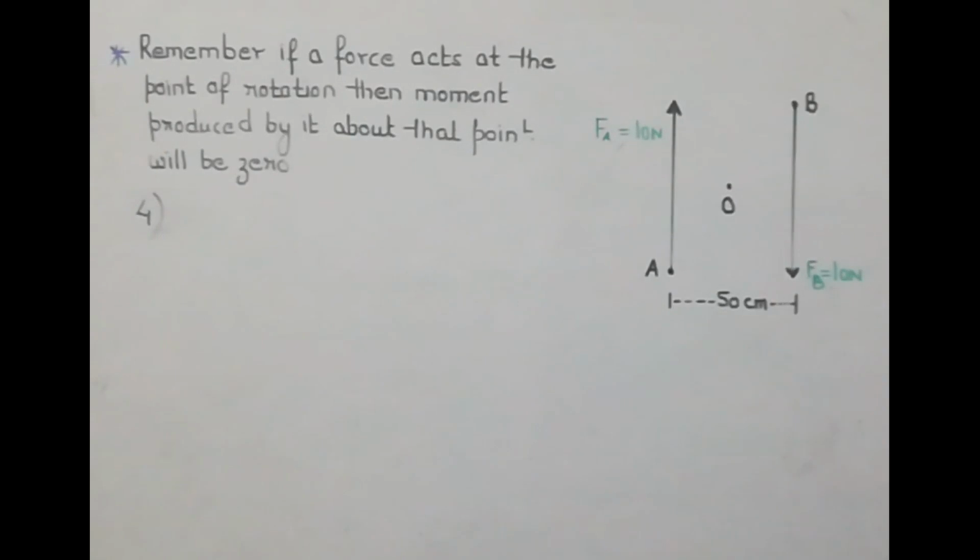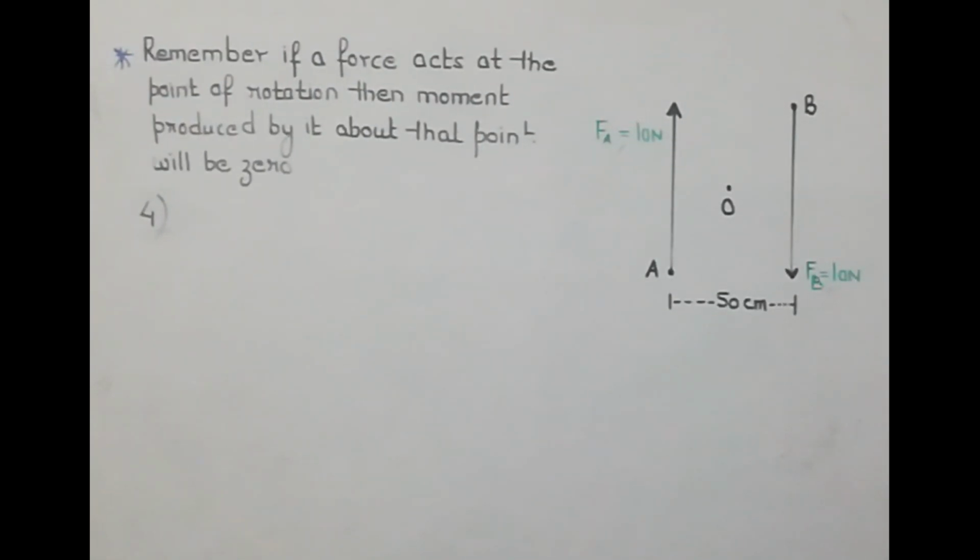Is this clear? Because Fa is acting at A, the moment produced by Fa about A will be 0. Same way, Fb is acting at B, so the moment produced by Fb at B will be 0.